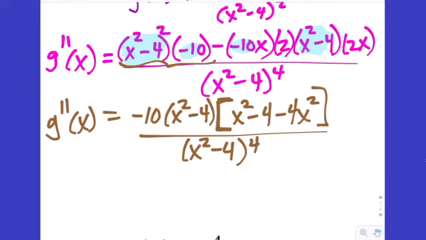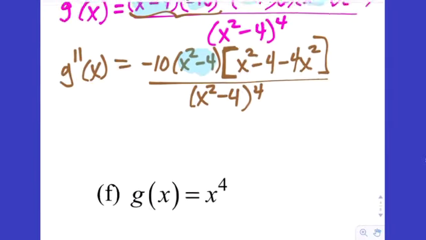Now you have an option here. You notice there's a common factor of x squared minus 4. If you want to divide it out, that's fine. But now your denominator is going to be cubed, which means it could be positive or negative. If you leave it in there, the bottom's always positive, so you don't have to worry about it. If you were to look at getting roots from this, making g double prime 0, they're already off limits because that gives us the two vertical asymptotes.